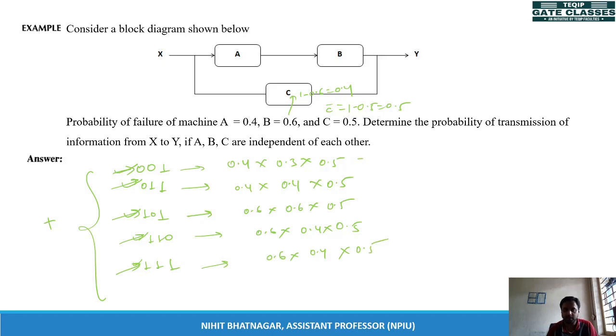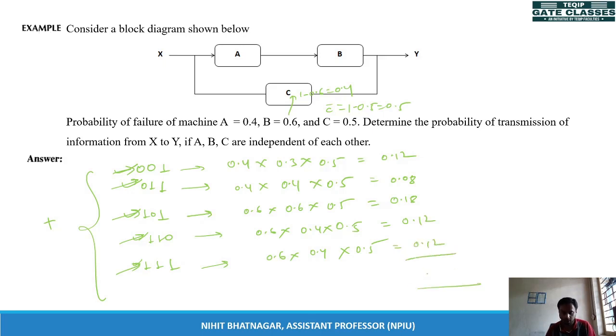The values you can solve. So 0.12 and 0.08 and 0.18, then 0.42, then 0.12.